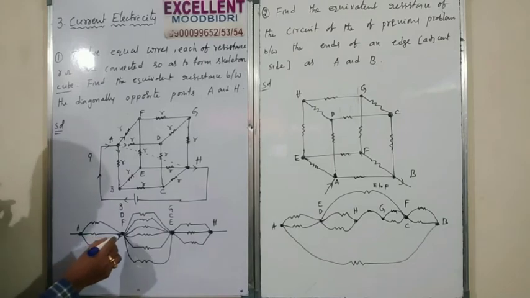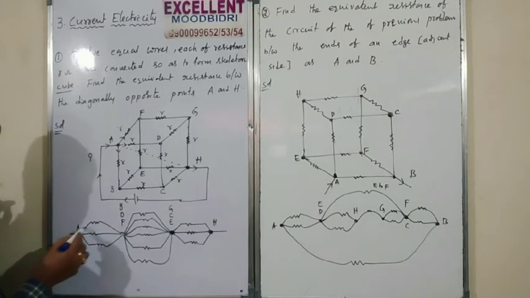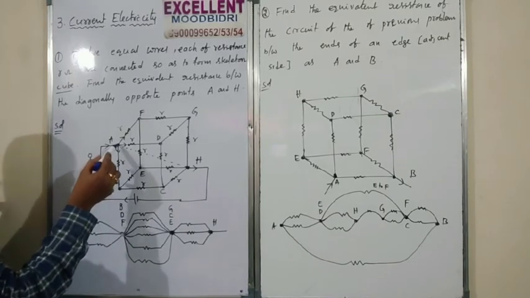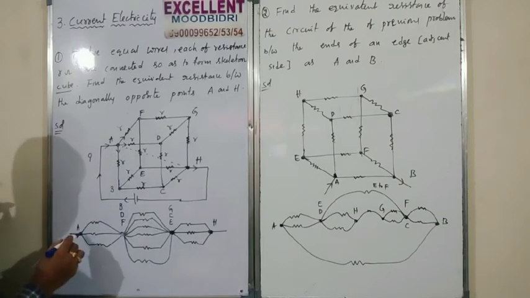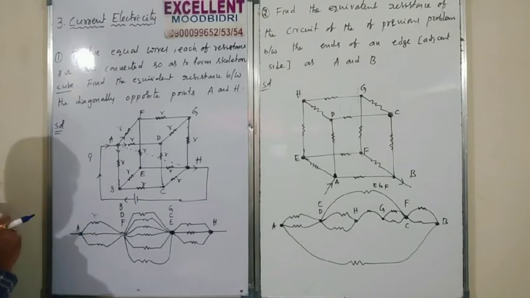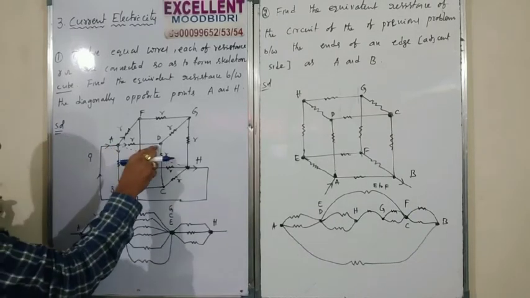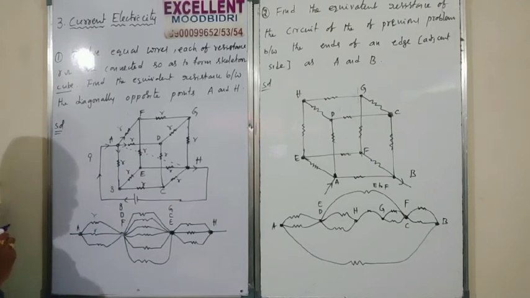Therefore, the first set is A to F, A to D, A to B. A to B first: how much resistance? R resistance. Next, A to D, the same small resistance, a parallel combination.